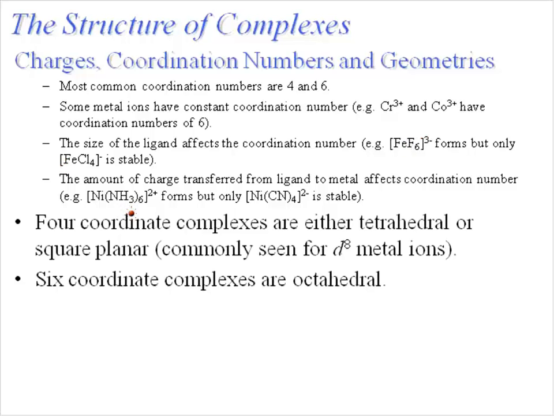Here you have got NH3, here you have got CN. NH3 is basically a neutral species. NH3 is neutral. CN has got a -1 character. So charge influences some of these things, and that is very much understandable.